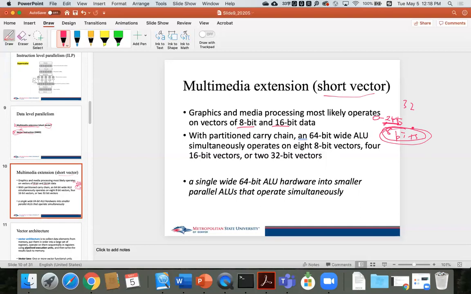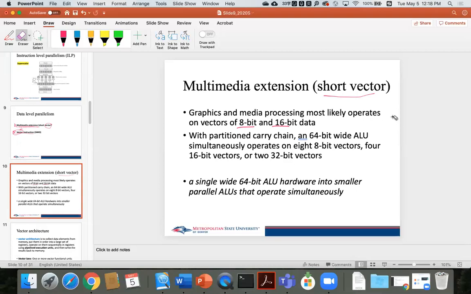So all the data have the same size, but each of them is short. How could people make this more efficient? For multimedia applications, all the pixels usually go through exactly the same process.